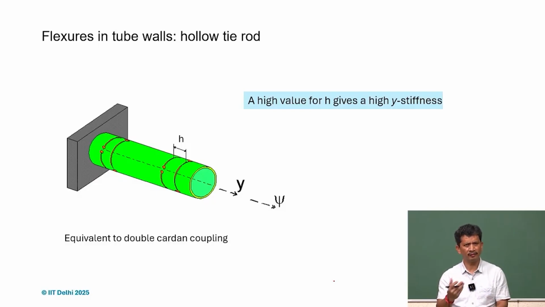So degrees of freedom and constraints together with design of stiffness, and then we develop different kinds of building blocks, different kinds of flexure units.